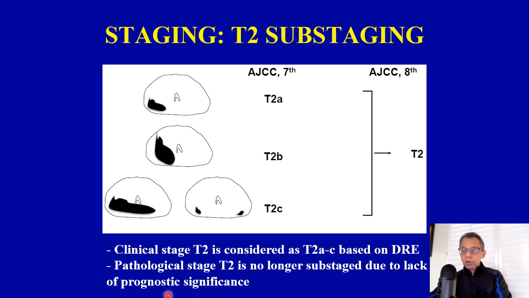So I think a somewhat easier part for pathologists is that we don't have to divide whether you are dealing with a bilateral tumor involving half of the lobe or full lobe. Basically, the staging for prostate cancer in a radical prostatectomy specimen essentially starts at T2 and higher.